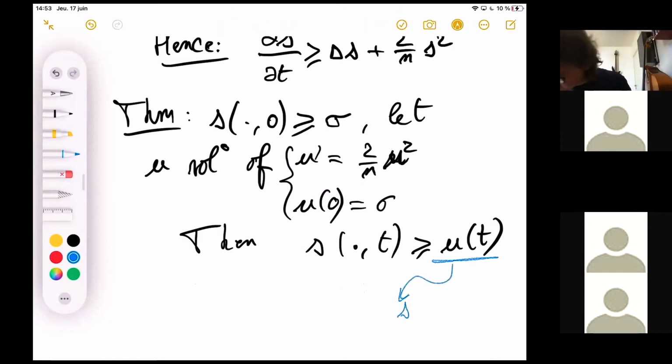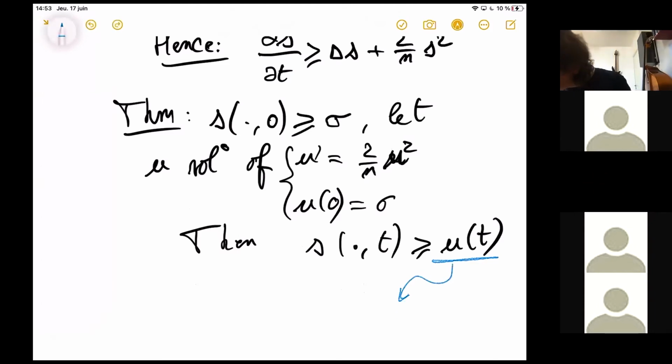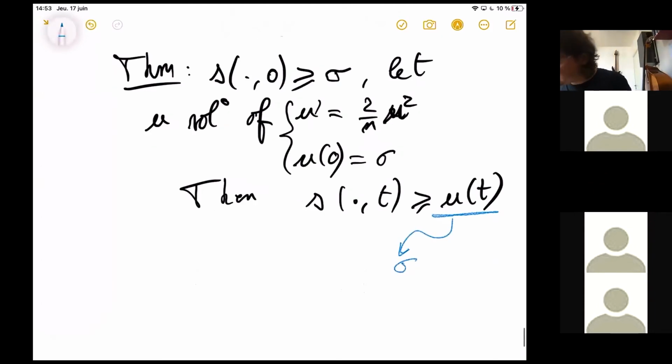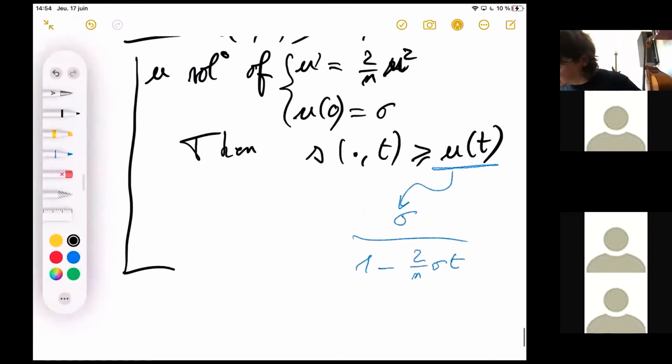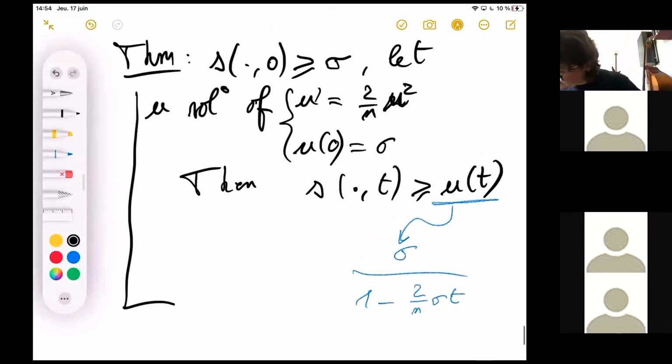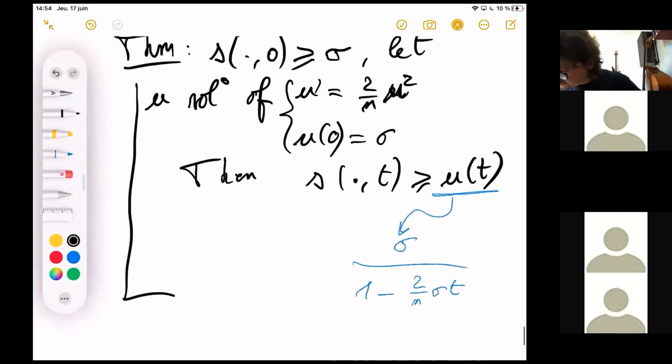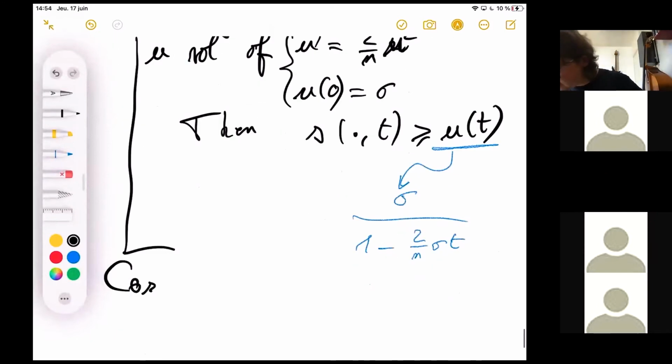So this would be sigma over 1 minus 2 over n sigma t. Okay? And so this is good. In particular, a corollary again.